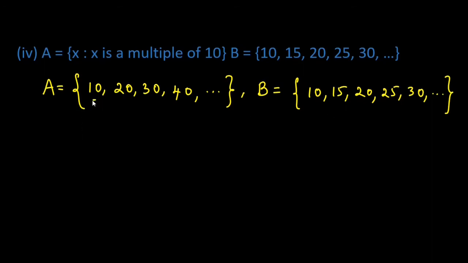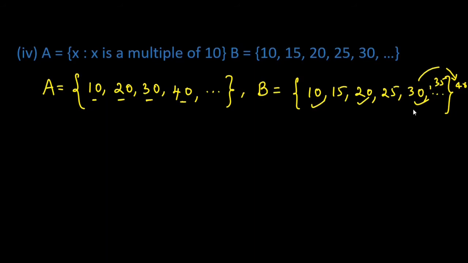That is, whether all the elements of A are in B or not. Now 10, we have 10 here, it is there in B. We have 20 here, it is there in B. 30 here, it is there in B. 40 I have written here, so it is also there because the next one after 35 is 40.